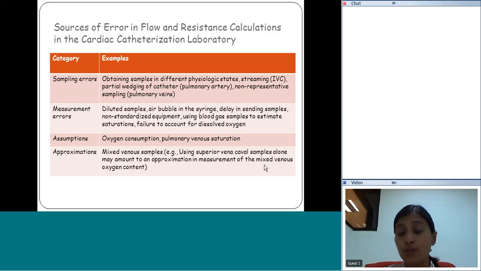So if you fail to account for it, what happens is that you get a very optimistic QpQs, an optimistic PVRI. It underestimates the PVRI. So it gives you a false impression of operability. Okay, and really frankly, this can be disastrous for the patient. So it is very important to account for the dissolved oxygen.